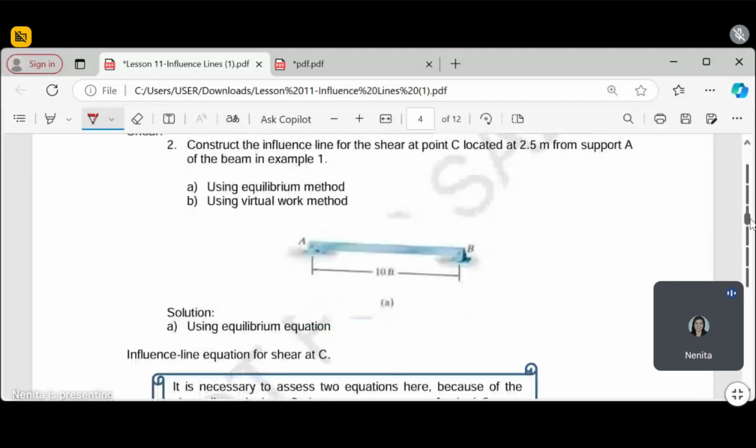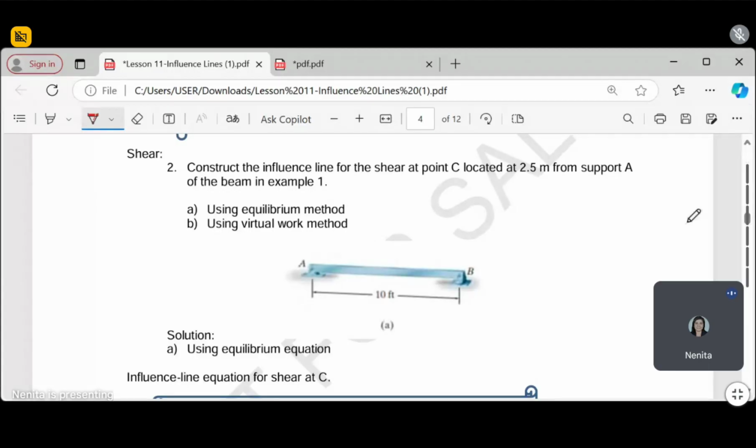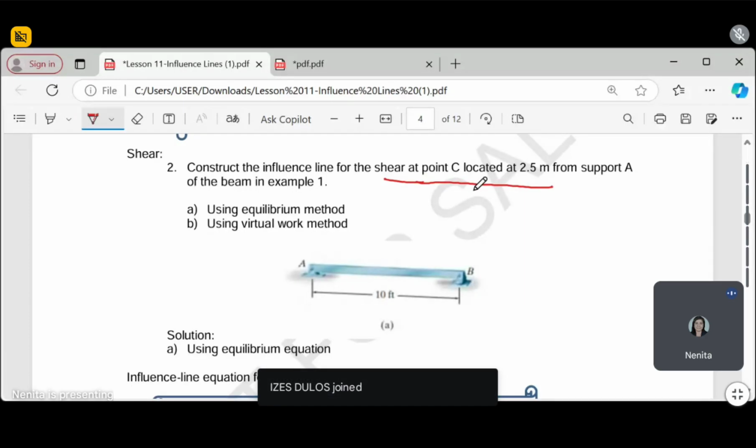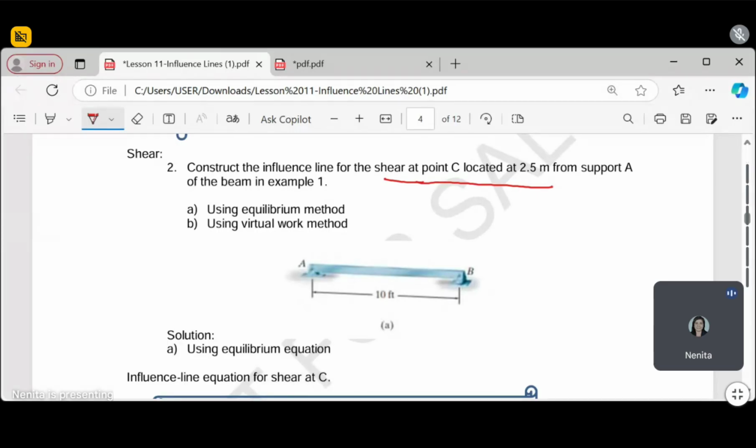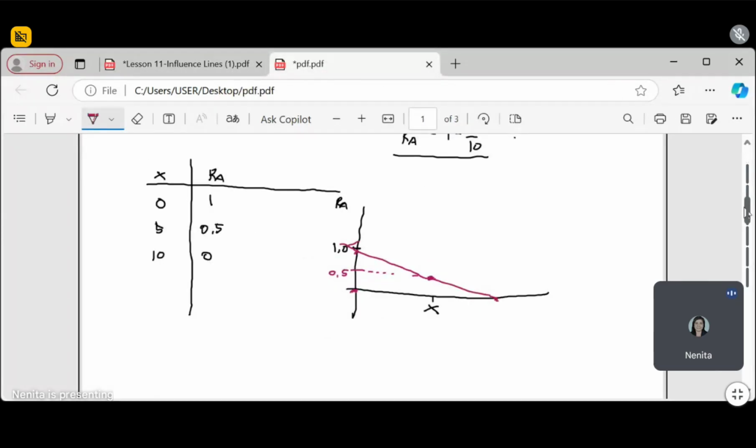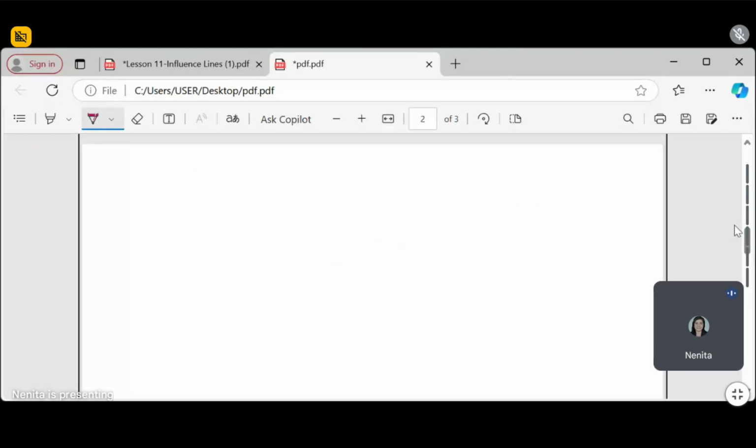So, for the shear, how are we going to construct the influence line for the shear? Let's say, as I told you, there is a specific point. Let's say the shear at point C located 2.5 meters from support A of the beam. Shear at point C. What is our beam?